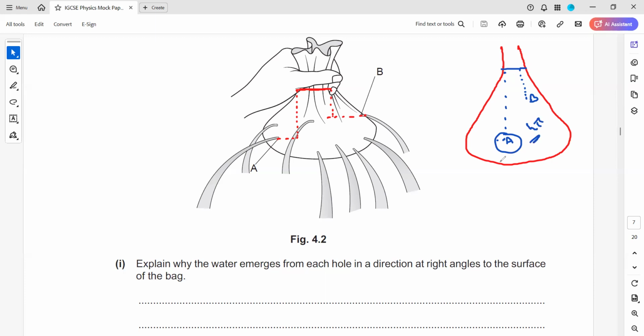The greater the depth of the liquid, the more pressure it will experience, which will force the liquid to come out at a high speed, or faster, as compared to B, which has a lower depth. So the pressure will be less on B. The particles are forced to move out, but at a slower speed.